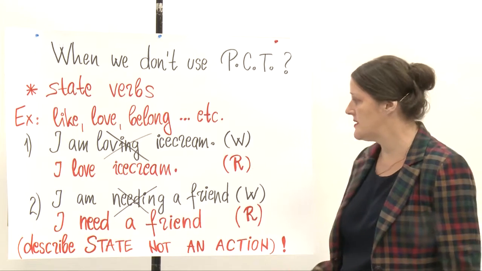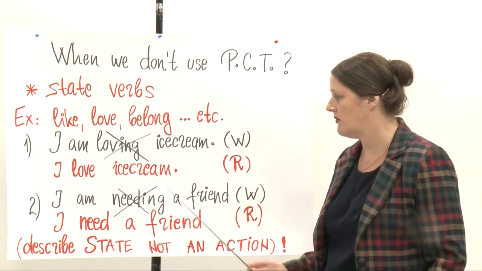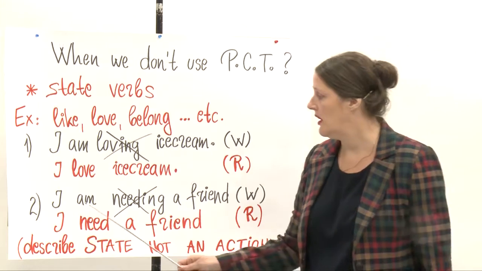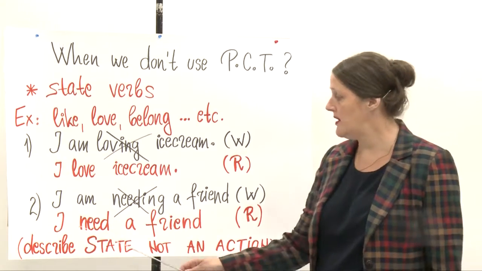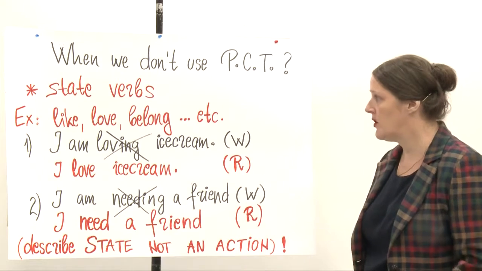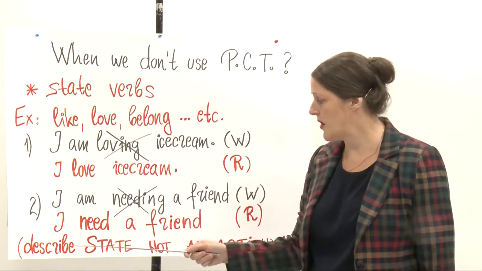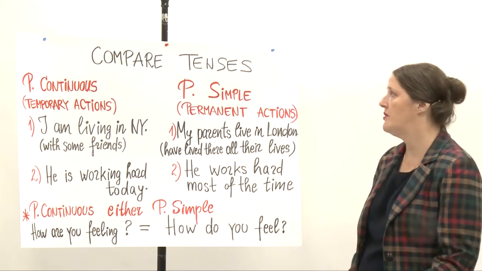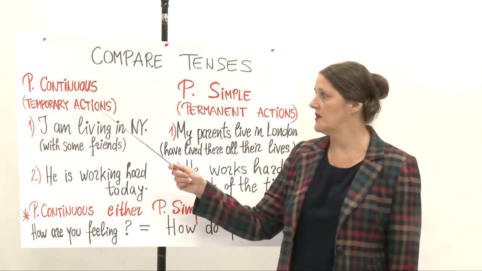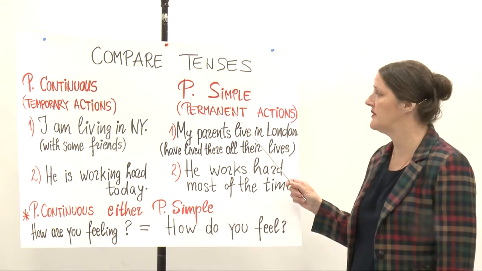The right sentence is, I love ice cream. The second example, I am needing a friend. This is wrong, and the right is, I need a friend, because the state verbs describe a state, not an action.